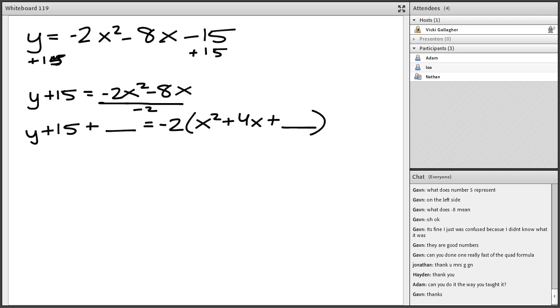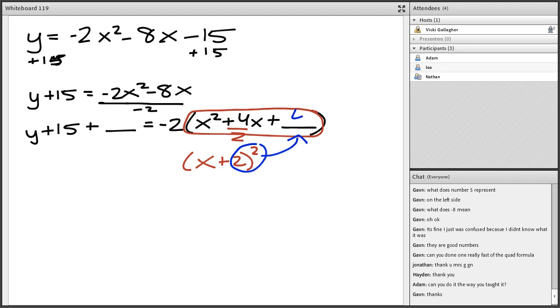Okay, so now I'm going to look at this parentheses. I'm going to take half the middle number, and then I'm going to put that in a parentheses squared. Then I'm going to take this 2, and I'm going to square it.